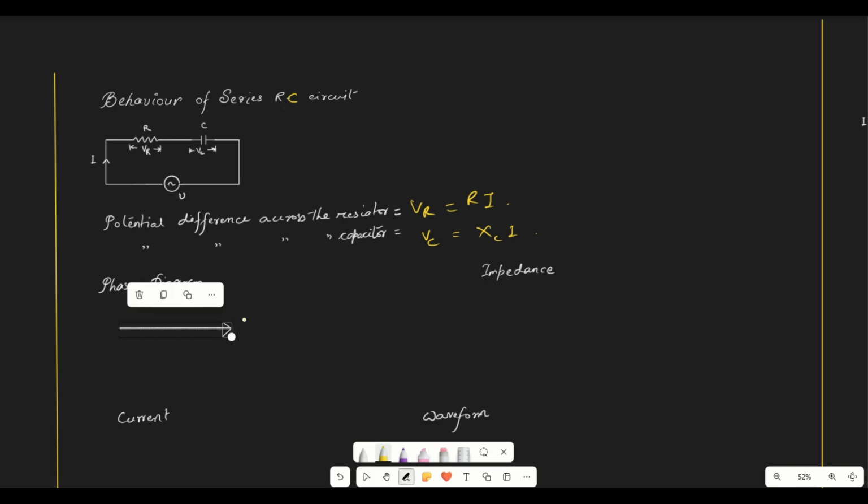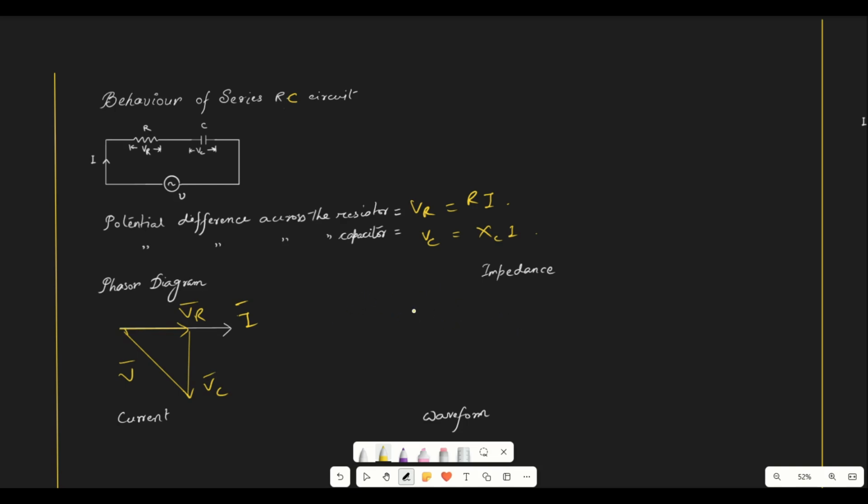Here we have current as common, so this is the current. Then we have VR, and we already know VC lags current by 90 degrees, so this is VC, and this is the resultant. So this is the phasor diagram.